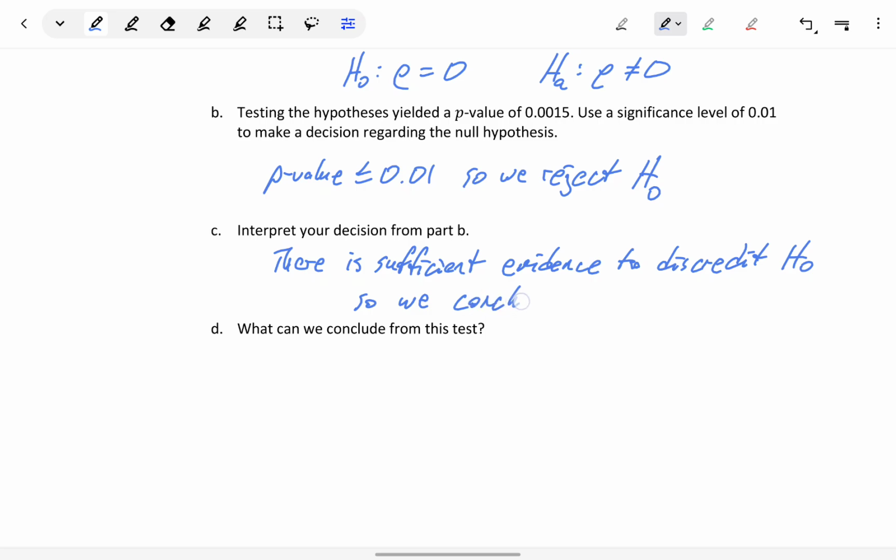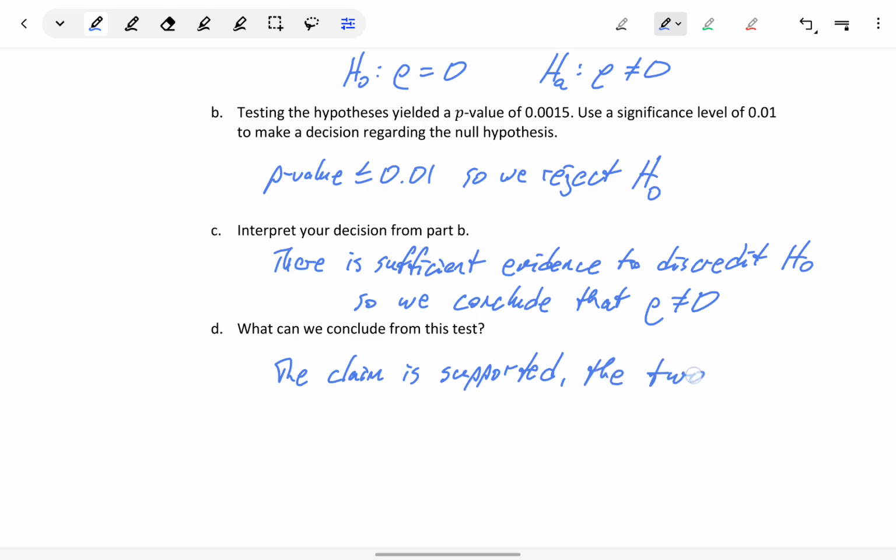So we conclude that rho is something different than 0, the population correlation coefficient is not equal to 0, and the claim is supported: the two data sets share a significant association.